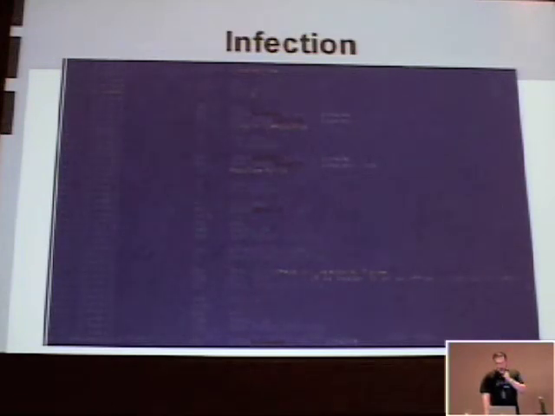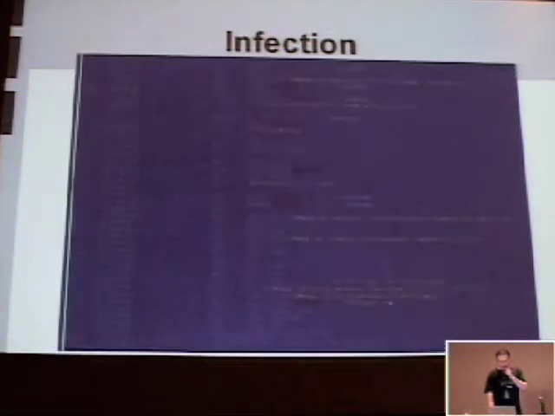Then the next thing it does is get the offset of the PE header, and if it's above 200x, it just doesn't infect the file. It's probably to avoid some crashes on fancy files. Then it checks for PE, which is the PE marker for PE files. And if all those checks pass, it's going to try to infect the application.